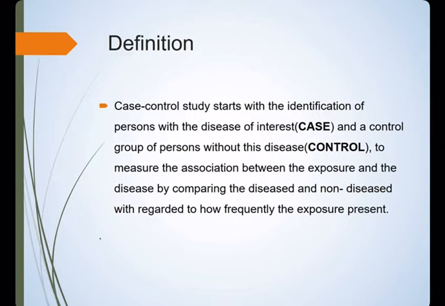After we get these cases and controls, we need to measure the association between the exposure and this disease by comparing the diseased and non-diseased persons with regard to how frequently the exposure is present. So we start by defining the cases and the controls and retrospectively observe the exposure to test their associations.